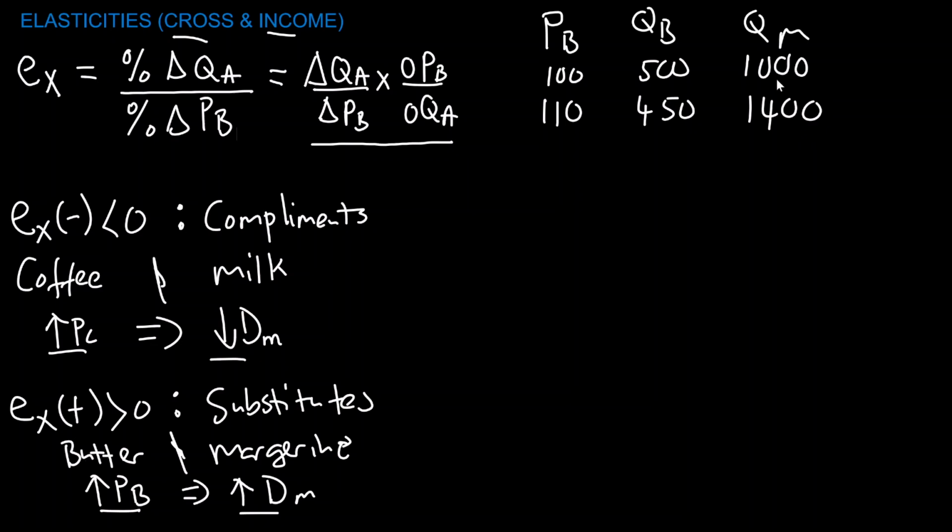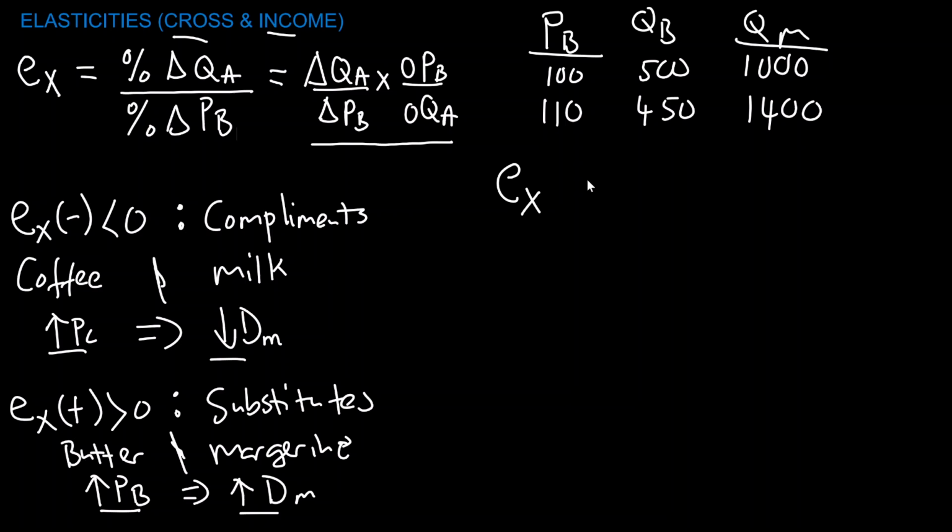Right. Now, if they say calculate the cross elasticity of demand for butter and margarine, you only take this column, the price of butter, and the quantity of margarine. If you take the quantity of butter, it becomes the price elasticity of demand for butter. It's no longer a cross elasticity.